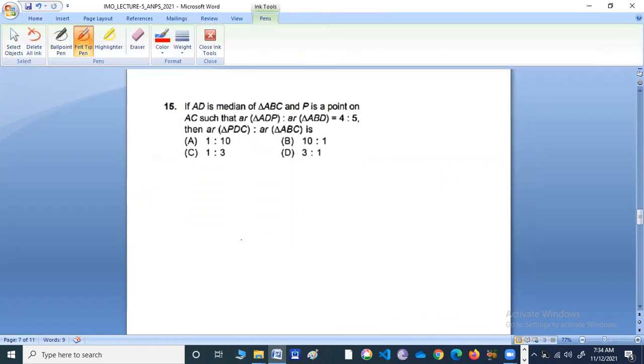So what they have given: AD is a median of triangle ABC. So let us draw a triangle ABC.